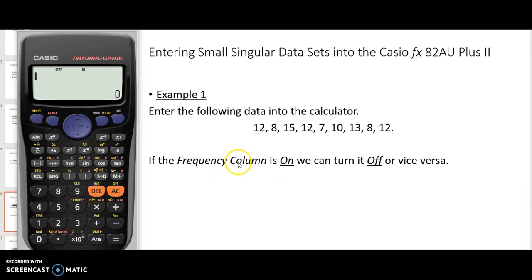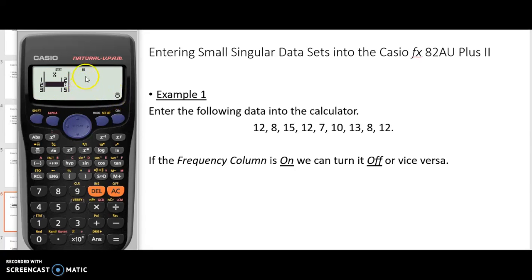So what if we actually wanted a frequency column on when we were doing our data? So let's go back and have a look at our data. So shift stat. Alright, let's have a look at our data, which is 2. They're all the scores that we put in. Our first score there is 12. Alright, if we scroll down, our second score that we put in was 8.